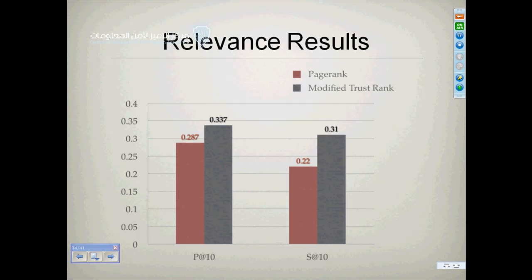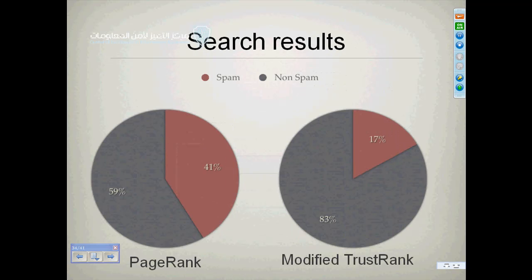The work I described here on how we incorporate trust into HITS we think is new work. It hasn't been done by others, but the incorporation of trust into page rank was done in earlier work. You can see that the results are better in terms of precision at 10 as well as score at 10.